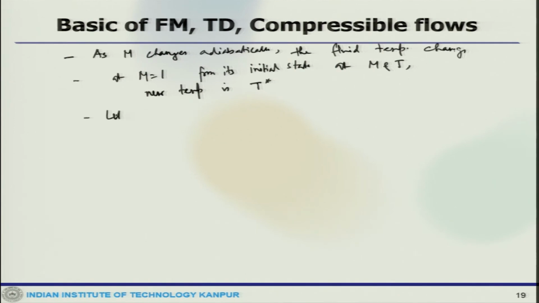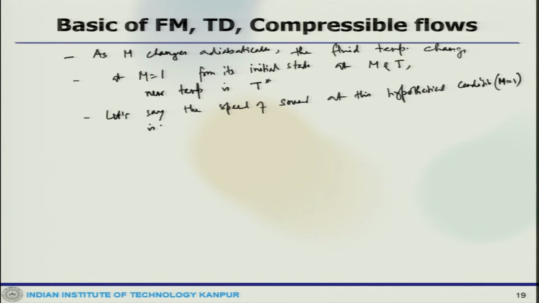And let us say the speed of sound at this hypothetical condition, which is M equals 1, is a star, which can be found as the square root of gamma R T star.